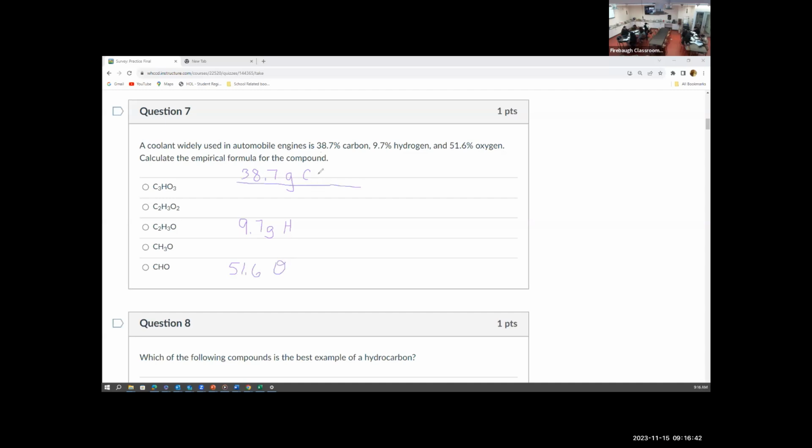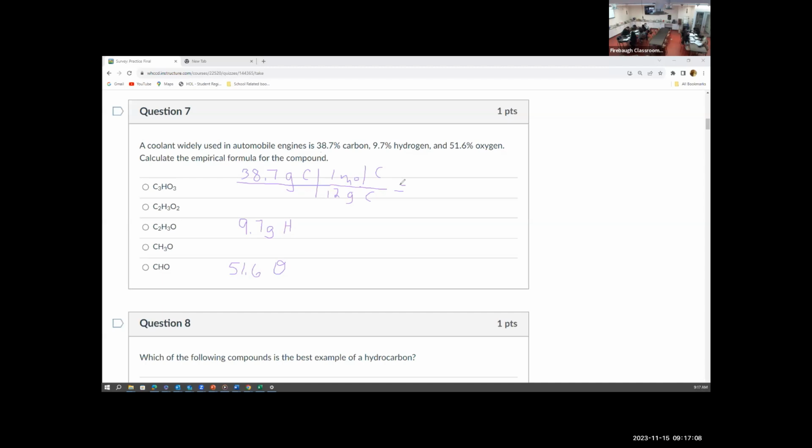The molar mass of carbon is 12.011. So we're just gonna say 12 to make it easier for ourselves. So then we have 1 mole of carbon, it's about 12 grams.